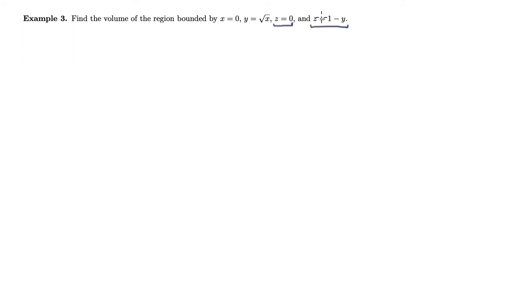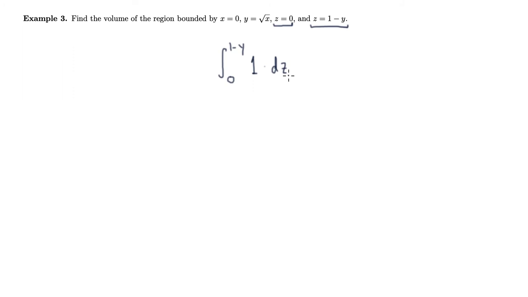So z is 0, that's just the xy plane, and z is 1 minus y. So we can think about for a fixed x and y in some area region that we'll describe in a second, z is really going from 0 to 1 minus y. And then we'll just have our function 1 and dz.